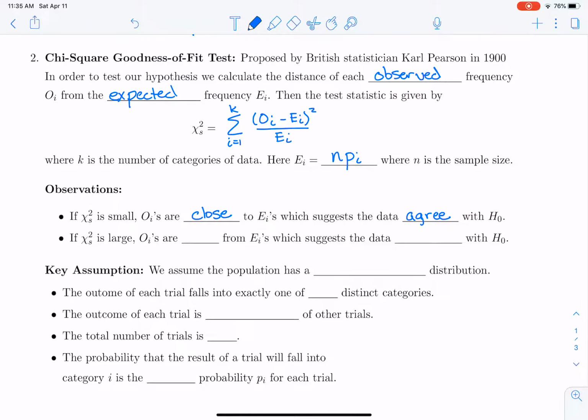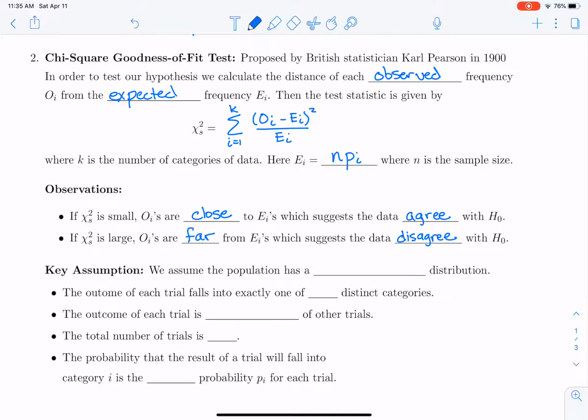But if the O sub i's are far from the E sub i's, then that's going to give us a large chi-square statistic, and that suggests that the data disagree with the null hypothesis. So essentially, if chi-squared is large, then we're going to be able to reject the null hypothesis.